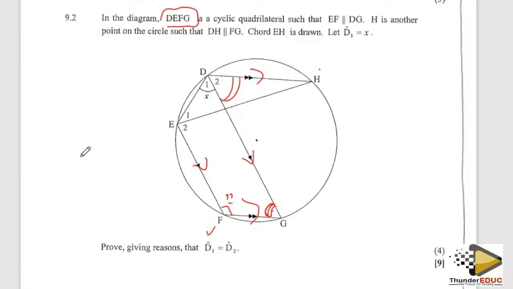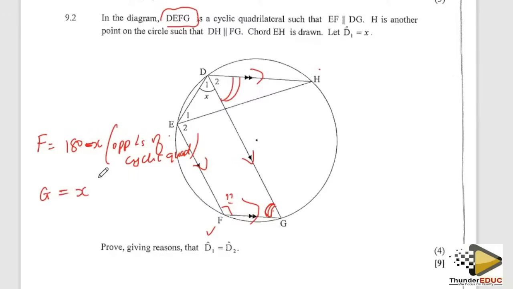Okay, so step number 1, I'm going to say that F is 180 minus X. Reason: opposite angles of a cyclic quadrilateral. Then if F1 is 180 minus X, I need to find G. So I'm saying G is going to be X. Reason: these are co-interior angles.